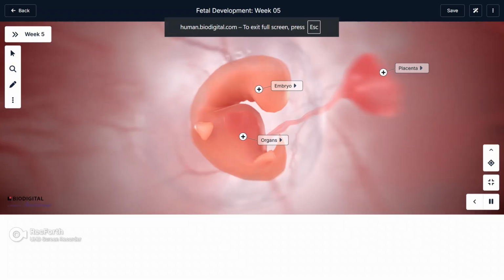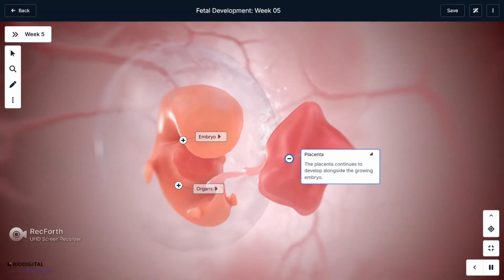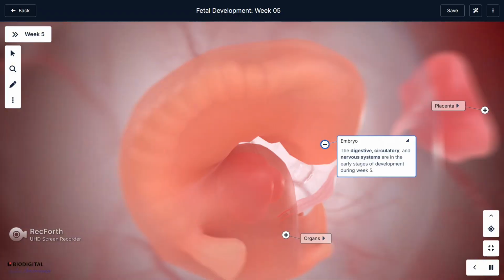And for week 5 of its development, the placenta continues to develop alongside the growing embryo. And the digestive, circulatory, and nervous systems of the embryo are in the early stages of development during week 5.